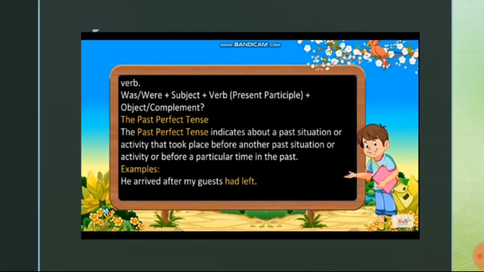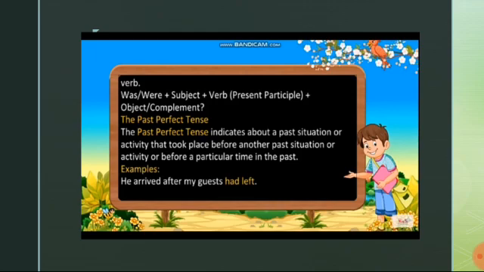Then next is past perfect tense. So past perfect tense indicates or tells about a past condition or activity which was done before the completion of another action. So that action was completed at a specific time before the beginning of another action.